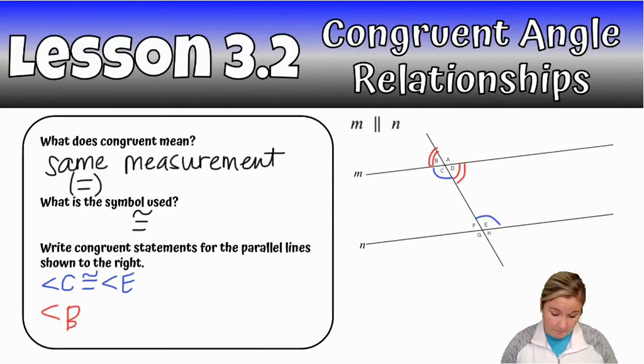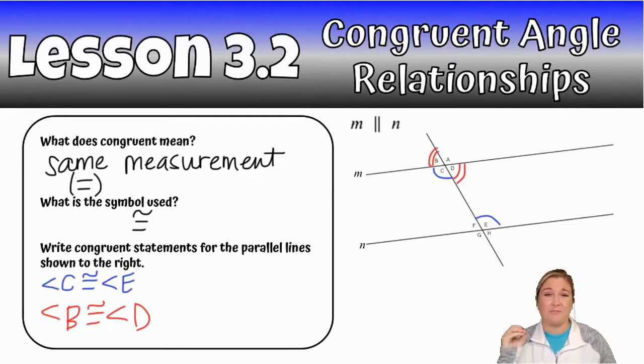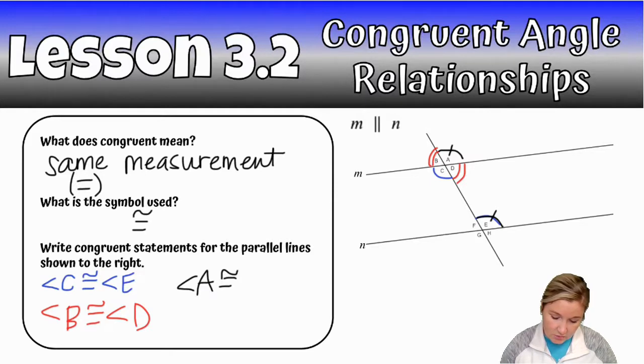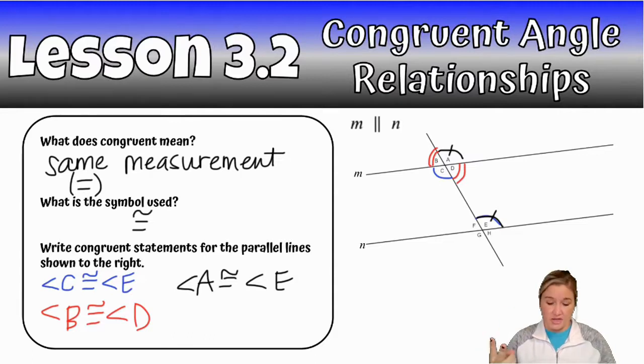So angle B is congruent to angle D. And then let's say one more pair. Let's do corresponding. Corresponding is going to be in the same place, so like we have top left and top left, or top right and top right. Those are corresponding. So maybe angle A and angle E. Those are congruent. So angle A is congruent to angle E because they're corresponding. So all of those, alternate interior, alternate exterior, corresponding, vertical angles, are all going to be congruent.